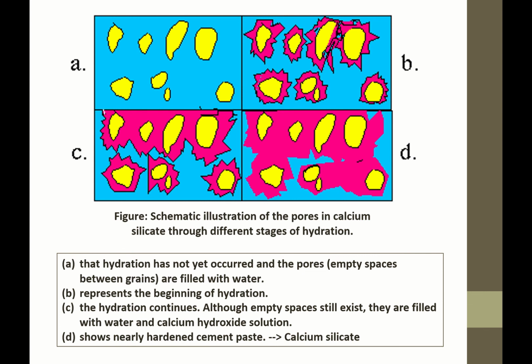Let's see this picture. We have picture A, picture B, picture C, and picture D. This shows what happens to the components when you mix with water. Let's read the title: a schematic illustration of the pores in calcium silicate through different stages of hydration.